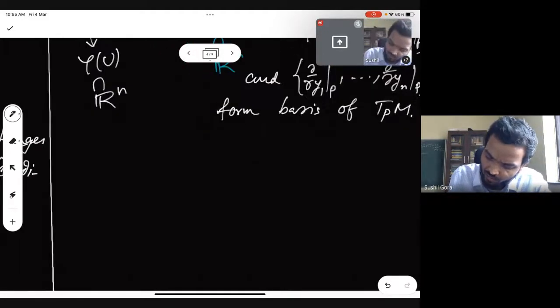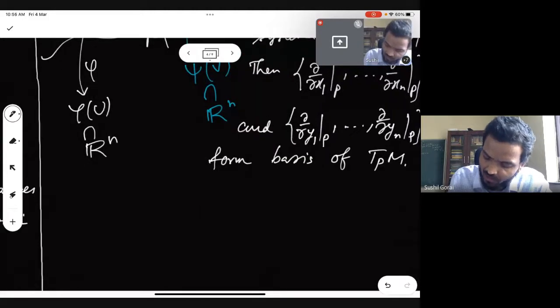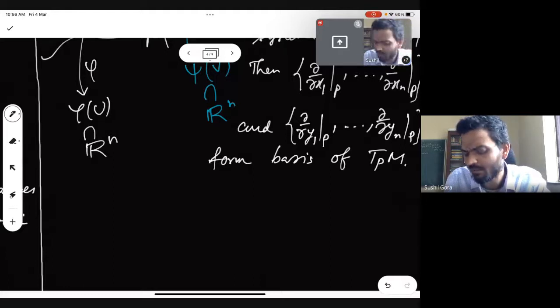Since T_pM is a vector space, one basis is multiplied by the other one.